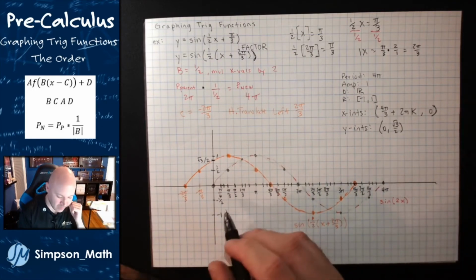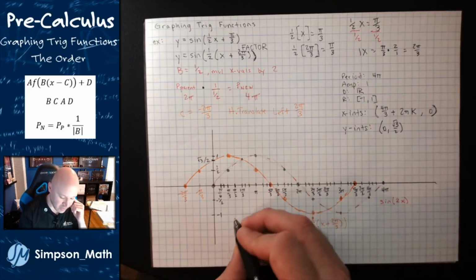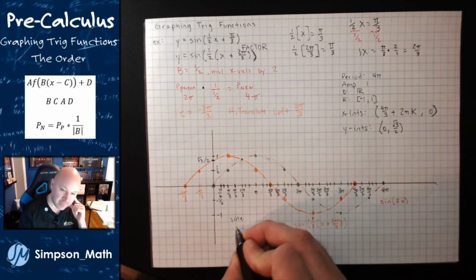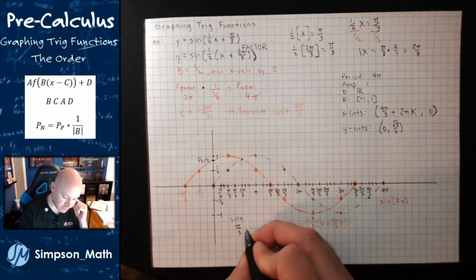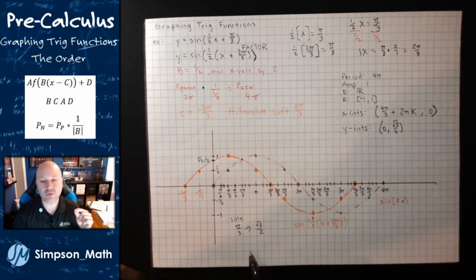All right. So I just kind of thought about it for a second. I know on the normal graph, which I haven't graphed here yet, but on the normal sine wave, sine maps pi thirds to √3/2. Well, we just doubled everything.